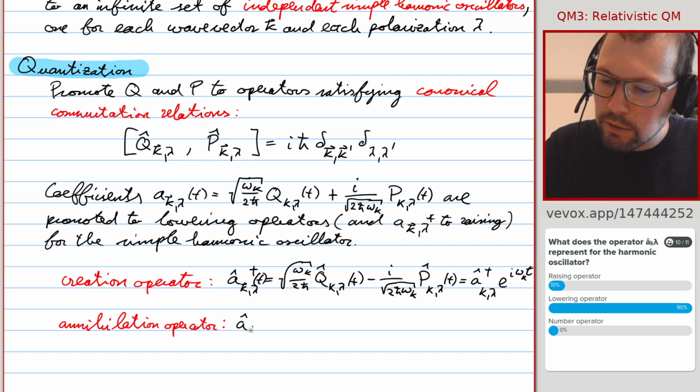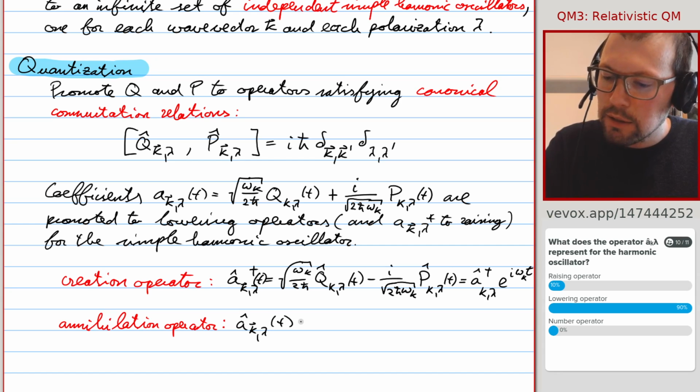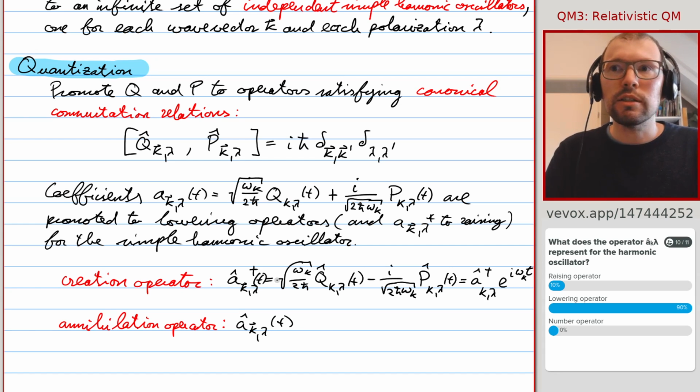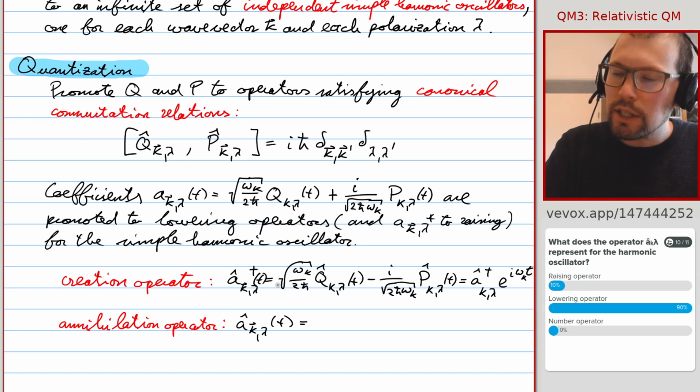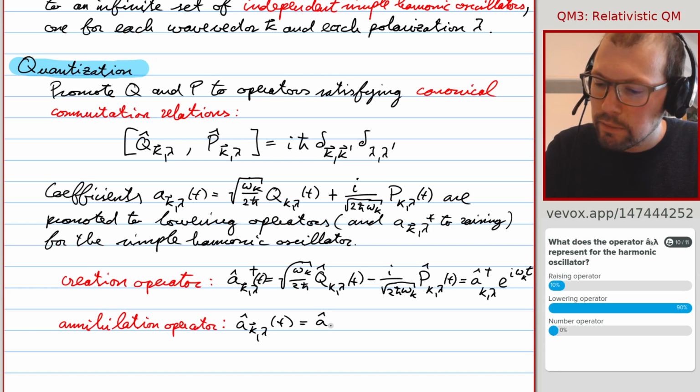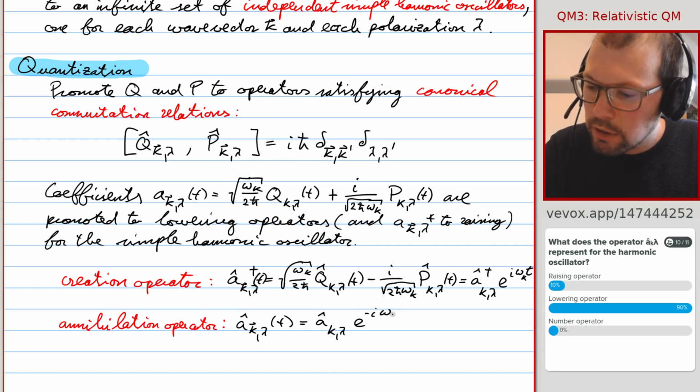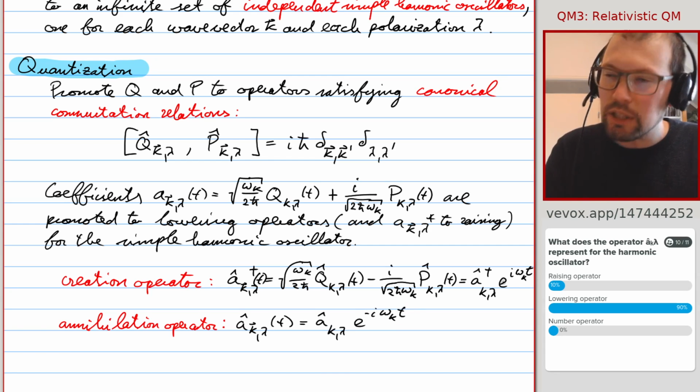And then we have the annihilation operator, a_{k lambda}(t), which is just the Hermitian conjugate of that one. So there you also have the time-independent version. And the phase is now given by the opposite.